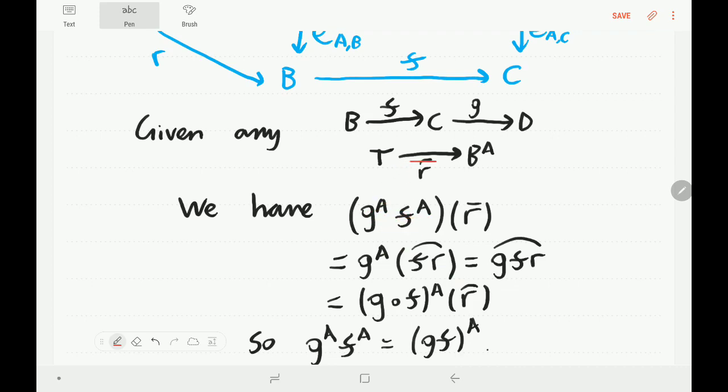And we can see that because we have this general arrow R from T to B to the power of A, and g to the power of A, f to the power of A of R is g to the power of A f R transpose. That's just doing this with the formula we just used, and then doing this with it, we get g after f after R all transposed, and that's clearly the same as we get from evaluating this. So that shows that g to the power of A, f to the power of A is g f to the power of A.